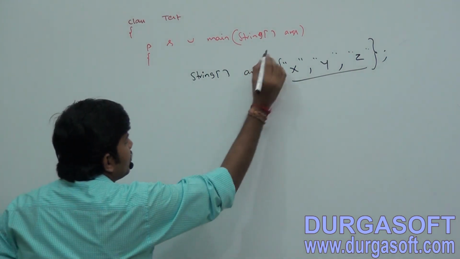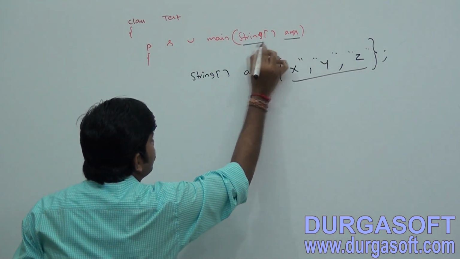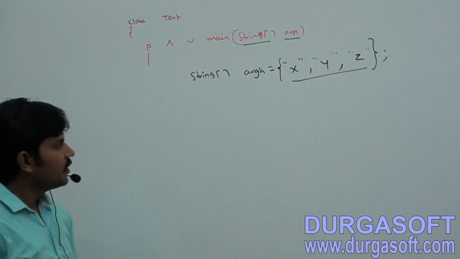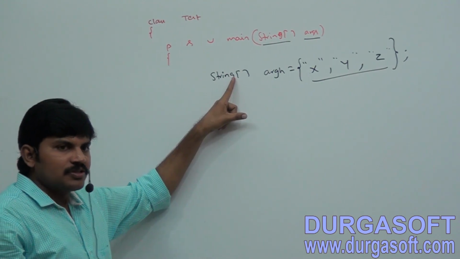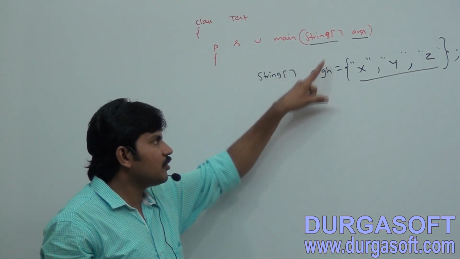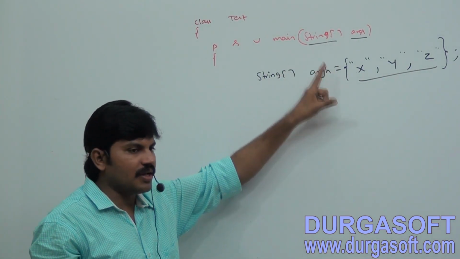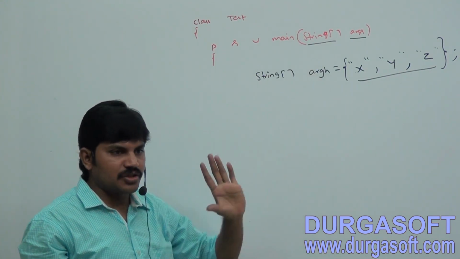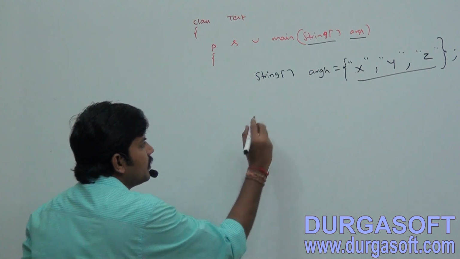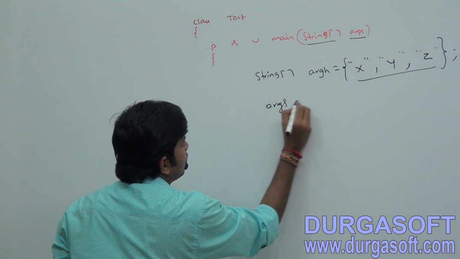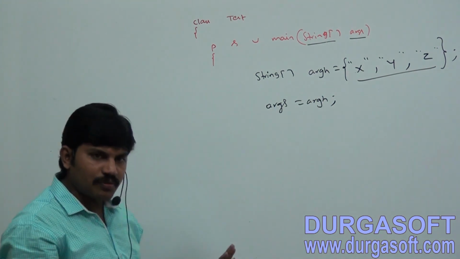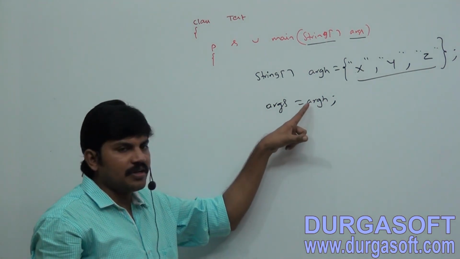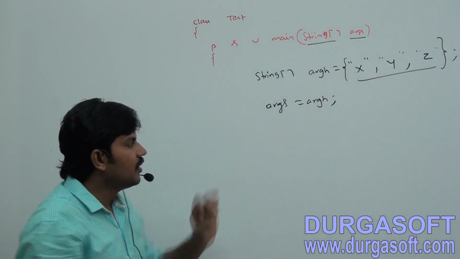Now, args is what type? String array type. And argh is what type? String array type. So can I assign this one to this? Because both are one-dimensional string arrays only. That's why args = argh. From now onward my args is pointing to argh.